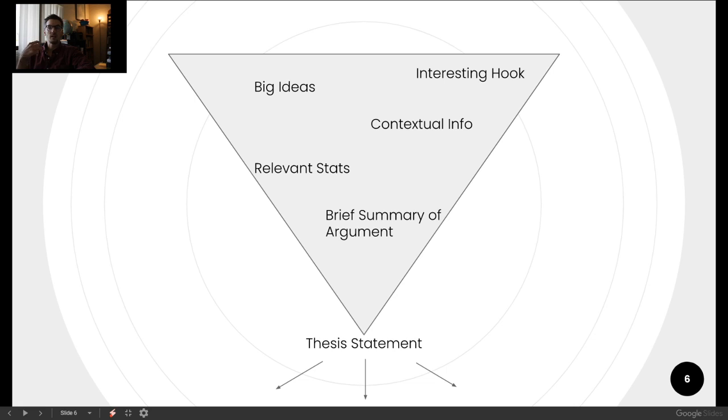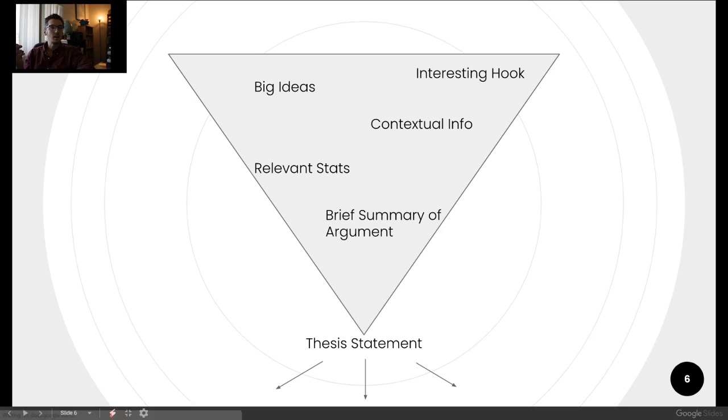You're providing contextual info, which we talked about, connecting your topic with ideas your reader would already be familiar with, so that they have a connection.